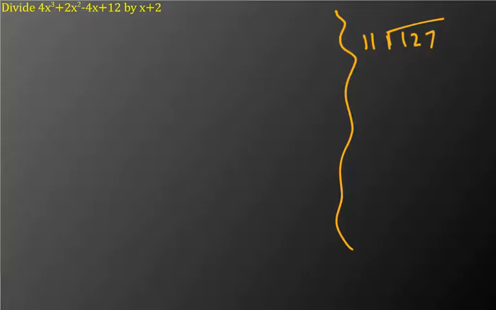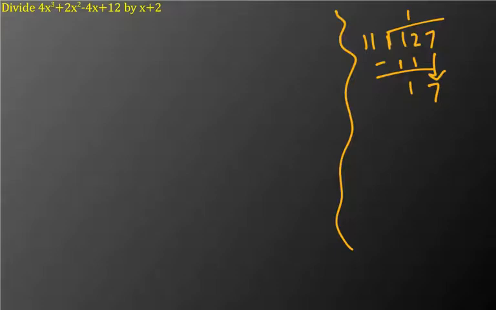So we look at the 1 and we ask, can 11 go into 1? No, it's too small. So then we go over and we've got the 12, and we think, can 11 go into 12? And yes, it can. So we put a 1 up there. It goes in one time. And then we multiply the 11 and the 1, and we put that down there, and then we subtract. You get a 1, and then you bring the 7 down.